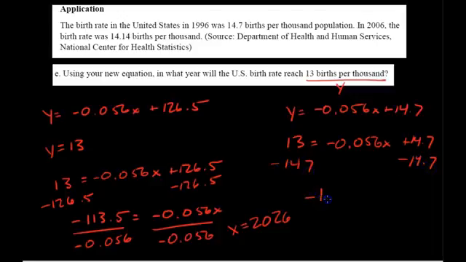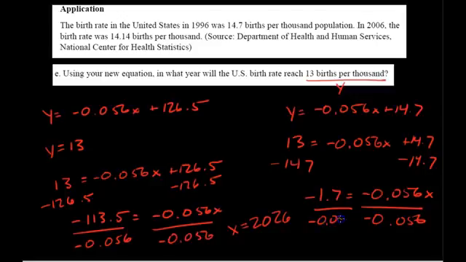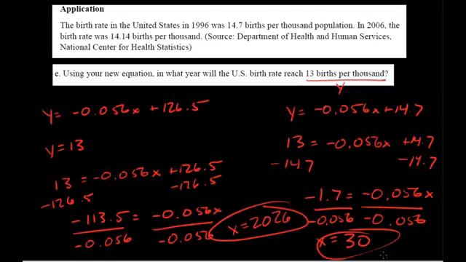I get negative 1.7 is equal to negative 0.056x. We do our division, and we get x is equal to 30. And that seems really weird because the other answer we got was 2026. But if we remember that in this equation, this is years since 1996, well, that would be the year 2026. So in the year 2026, the birth rate in the United States will be down to 13 births per thousand.